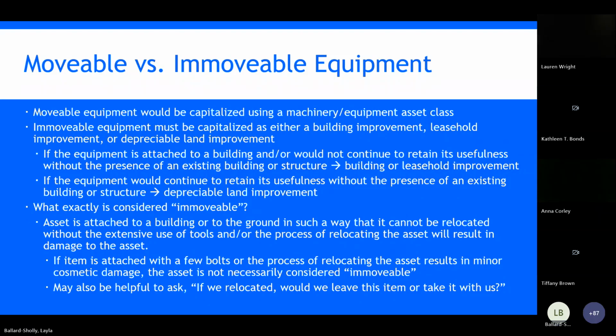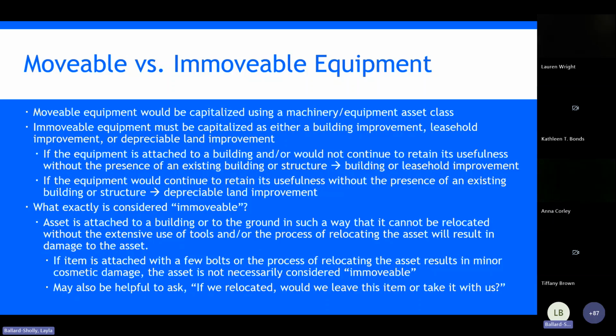So, as an example, you might have some equipment that's attached to the ground with a concrete slab, and that's more of an immovable type of piece of equipment that you'd have to treat, in this case, most likely as a depreciable land improvement.